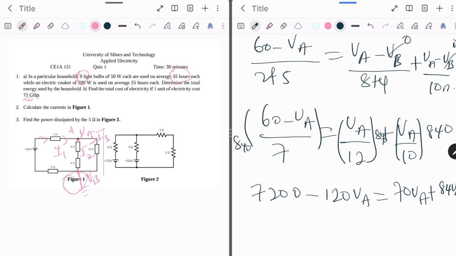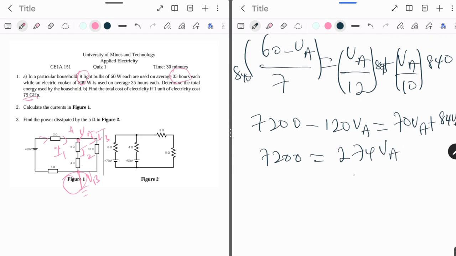Then you simplify, then you send the minus 120 across the equal sign, and then that will give us 7,200 will be equals to, when you send this it becomes plus, and then you add 70 VA plus 84 VA plus 120 VA, you are going to get 274 VA.